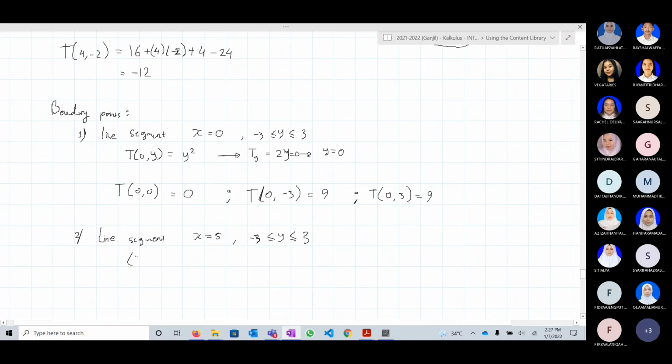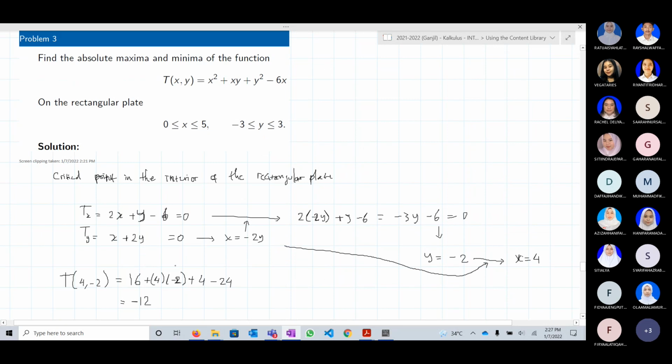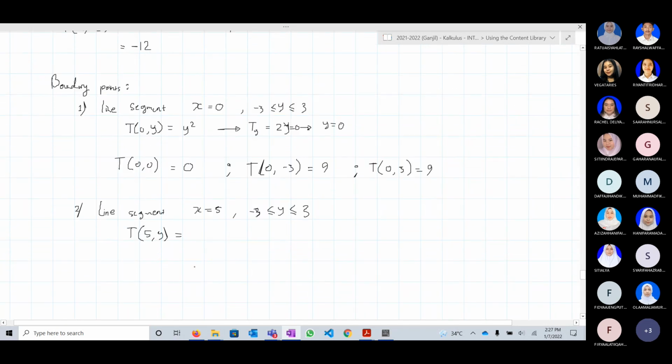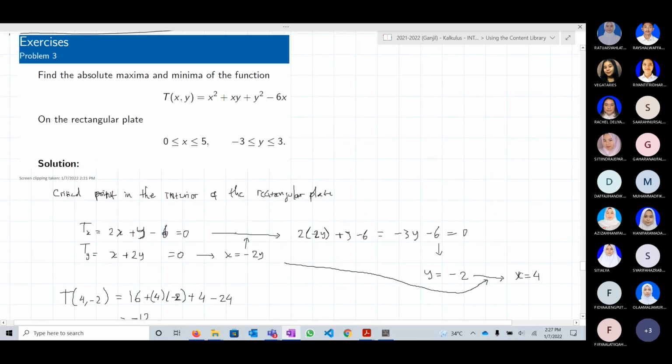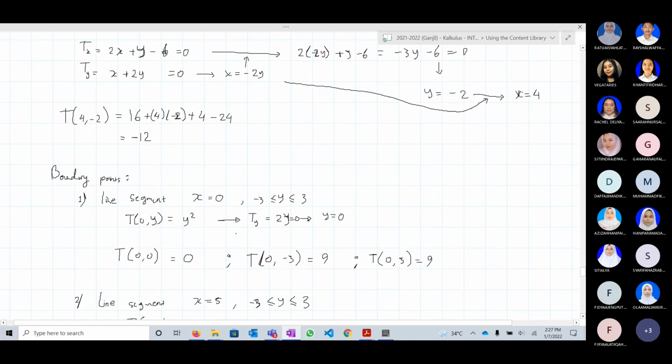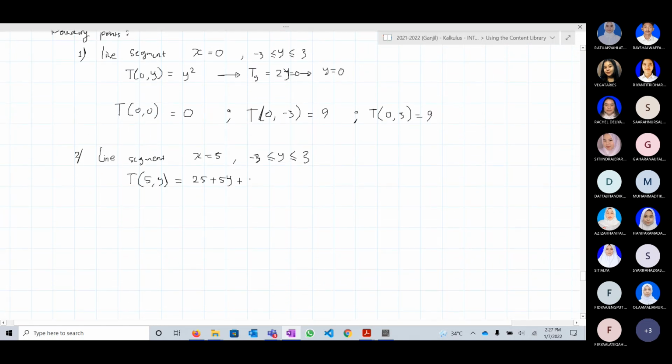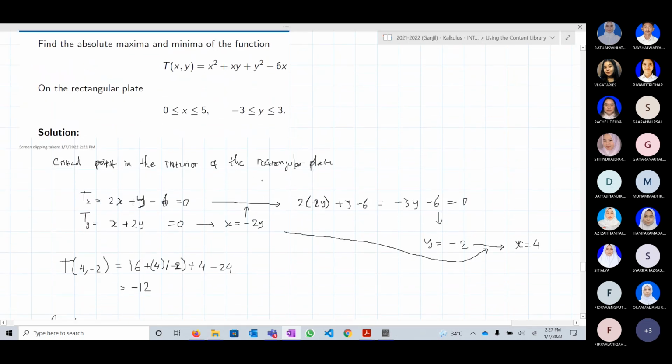So in this case, T(5, y) is equal to 5 squared, so 25, plus 5y plus y squared, minus 6 times x.